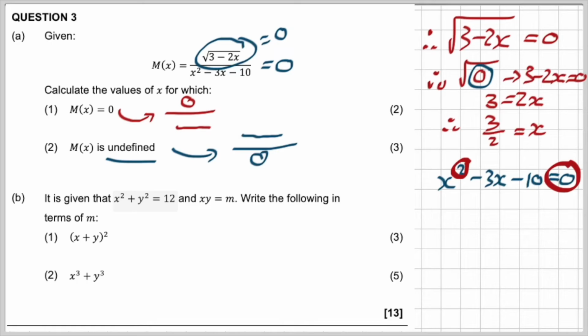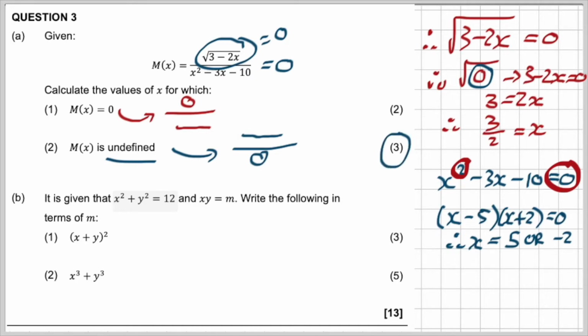It's already equal to 0, so I must just factorize, get equal to 0, solve for x. So either x is 5 or x is negative 2. Ladies and gents, it's only 3 marks. You've answered the question. That was it, as simple and as easy as that.